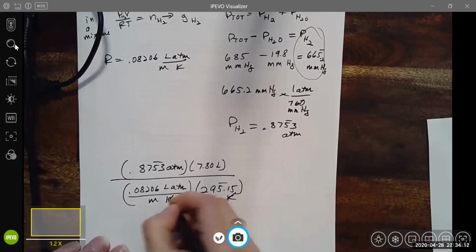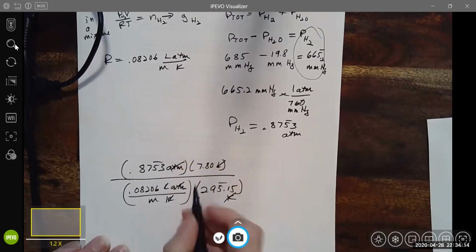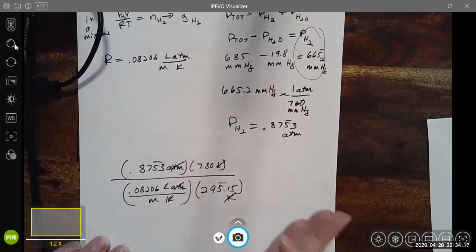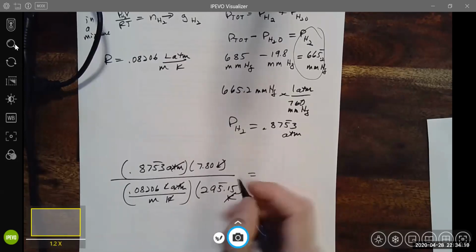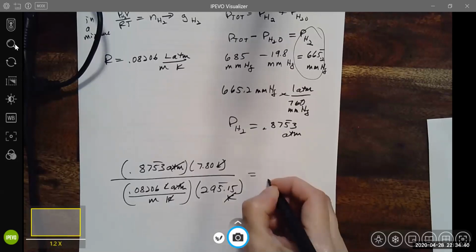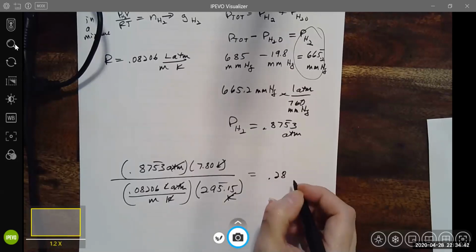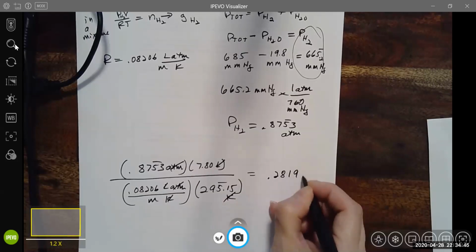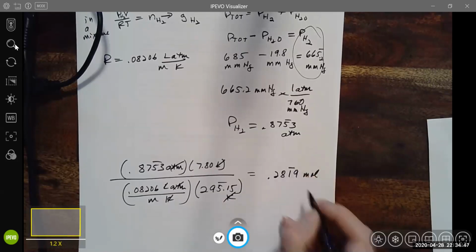So Kelvin cancels, liters cancels, atmospheres cancels. I get 1 over moles, so it'll come out in moles. If I do that, I get 0.2819 moles of hydrogen.